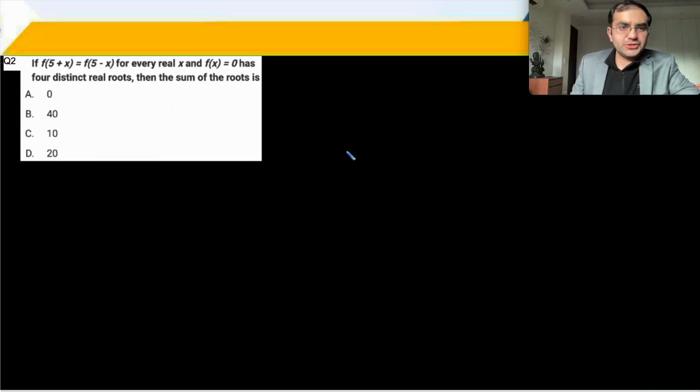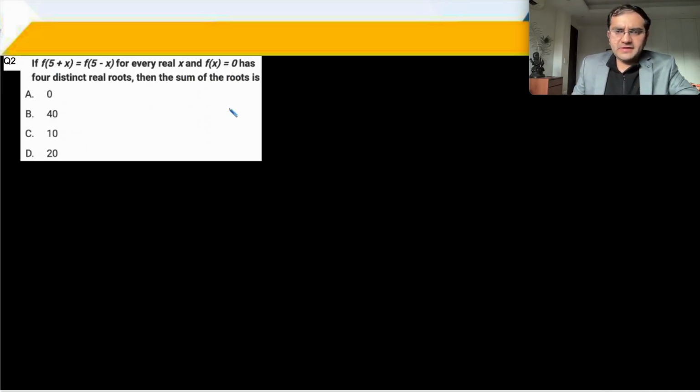A tough question. You have a function f of x. If f of 5 plus x is equal to f of 5 minus x for every real x, and f of x equal to 0 has 4 distinct real roots, then the sum of the roots is.